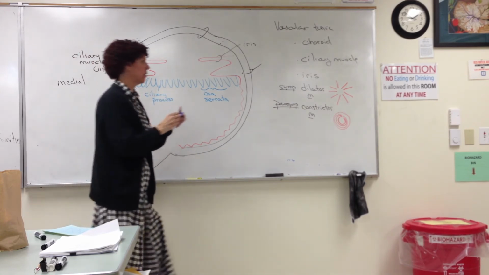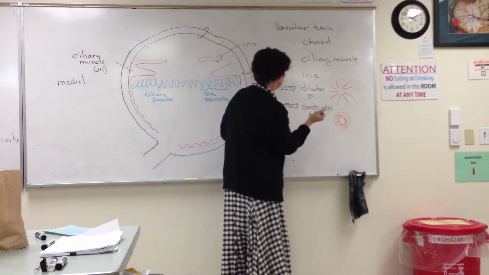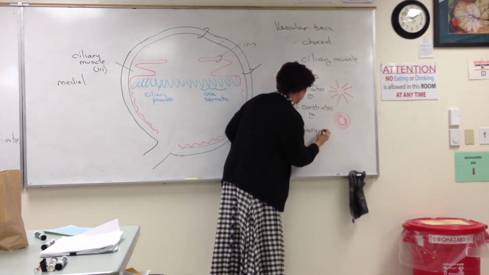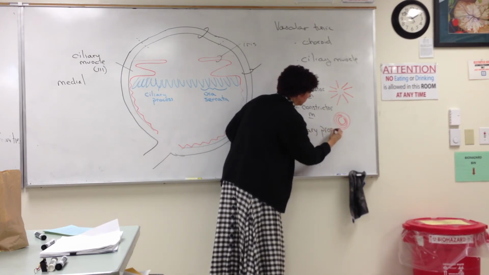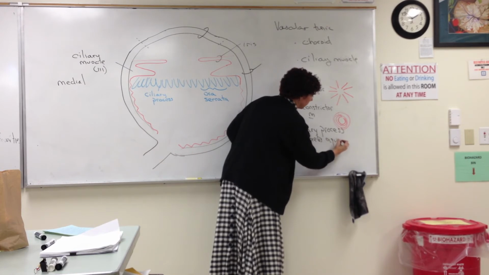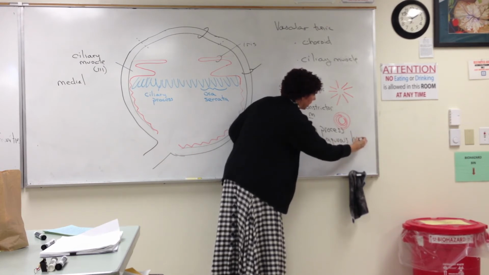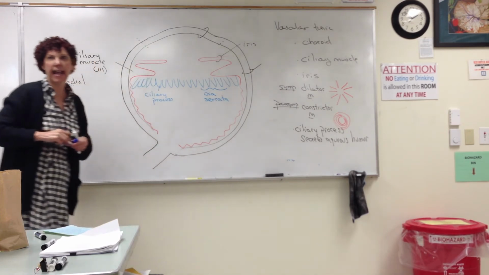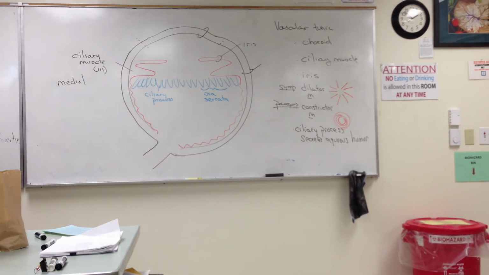And its function is to secrete this watery fluid, known as aqueous humor. And depending on how much pressure you put on the eyeball Friday, it will squirt out at you or just leak out.